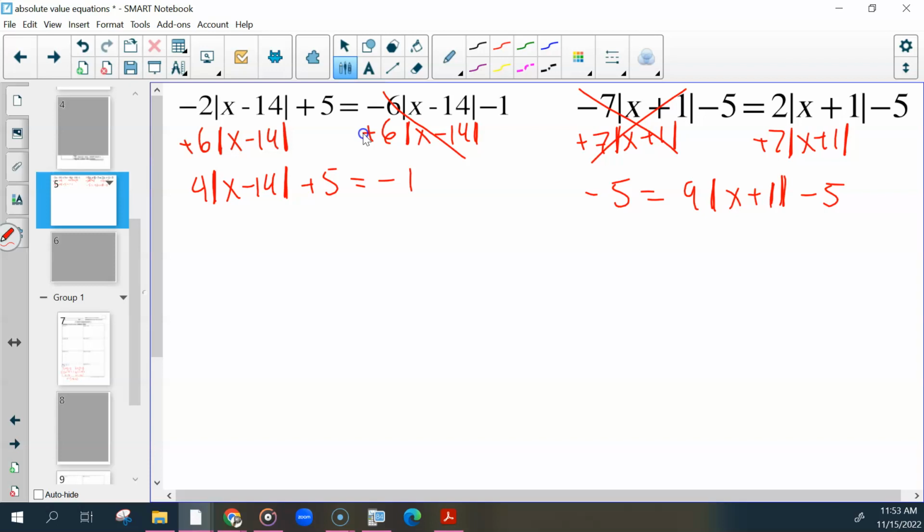Go ahead, Alyssa. Add 5. What's going to happen when we add 5 though? We're going to get 0. That's okay. So then if we get rid of 9 and divide, is that going to change? No. It's still going to be 0.